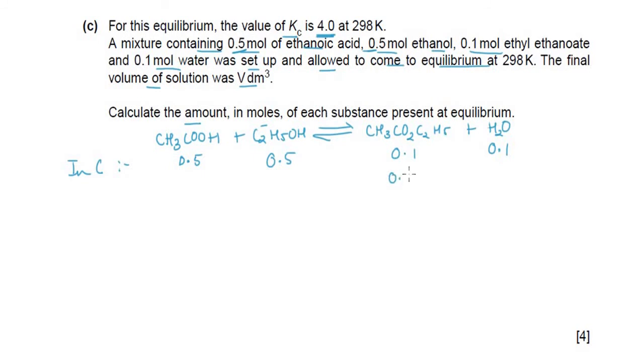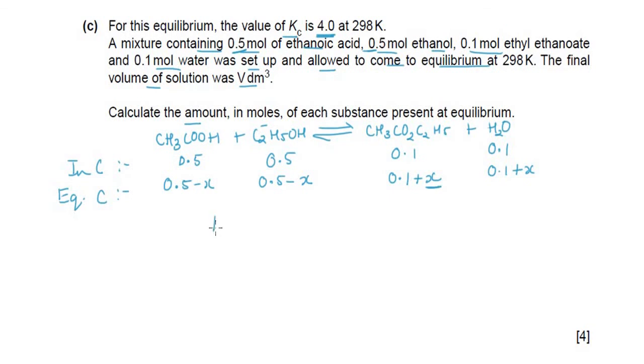So at equilibrium it should be 0.1 plus x, 0.1 plus x, and if x moles are additionally formed, then the same amount should be used up from the reactants. So 0.5 minus x, again 0.5 minus x for the carboxylic acid and ethanol. Also these are equilibrium concentrations.